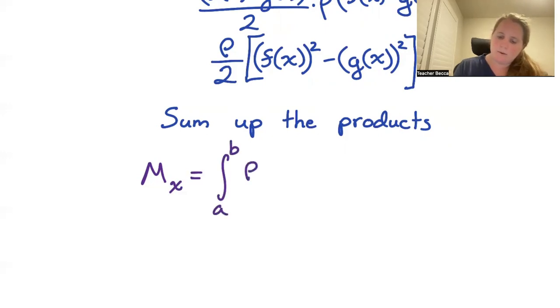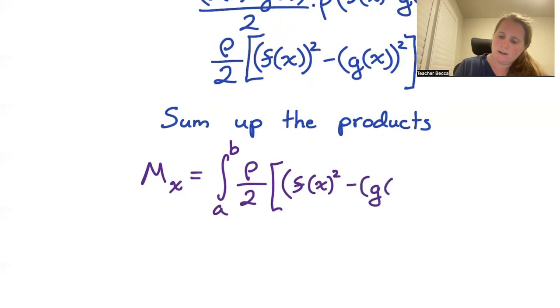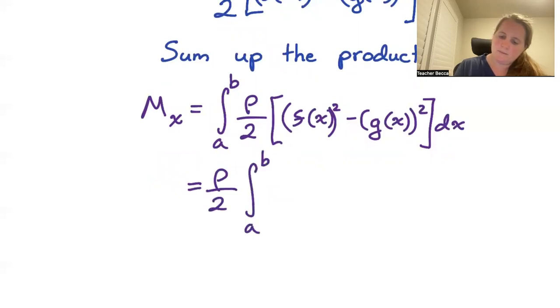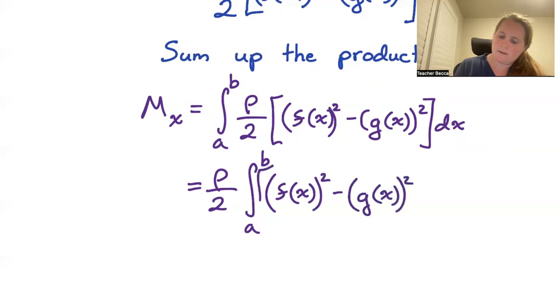Then we have rho over 2 times f of x squared minus g of x squared, and then dx. And of course, that rho over 2 can be pulled out front. We have rho over 2 times the definite integral from a to b of f of x squared minus g of x squared, all times dx.